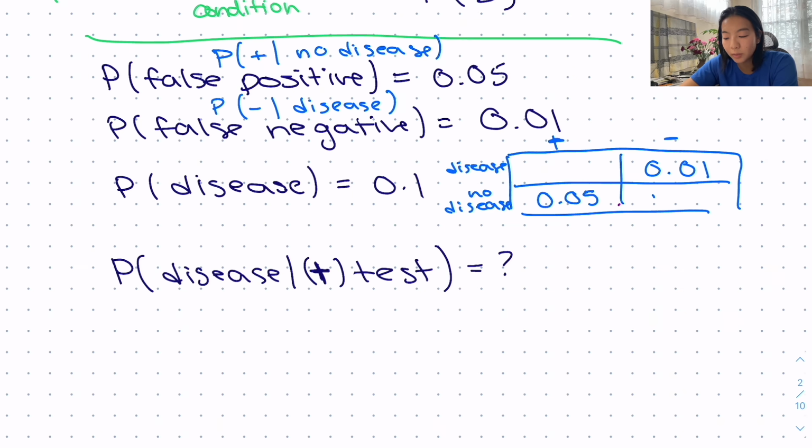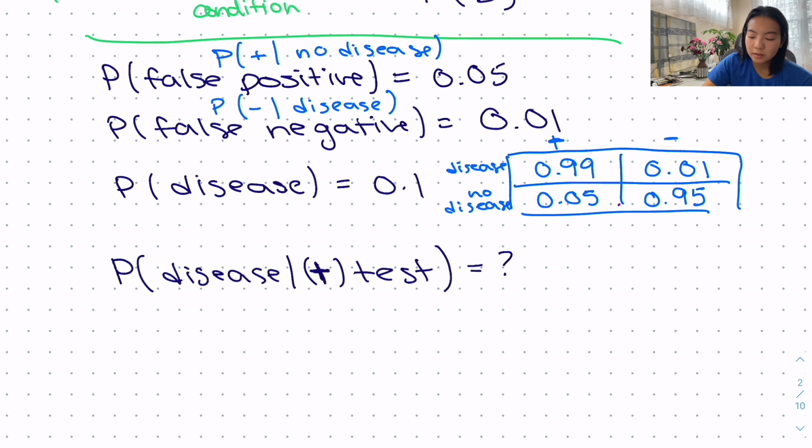So it should be 0.95 because it's 1 minus whatever this probability is. And then similarly, up here, this should be 0.99 because the probability that we test negative and have the disease plus the probability that we test positive and have the disease should equal 1. So this is our probability chart.